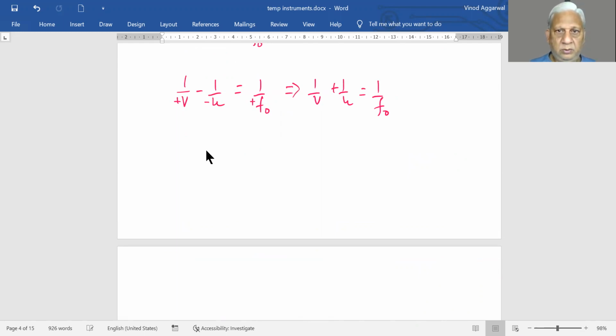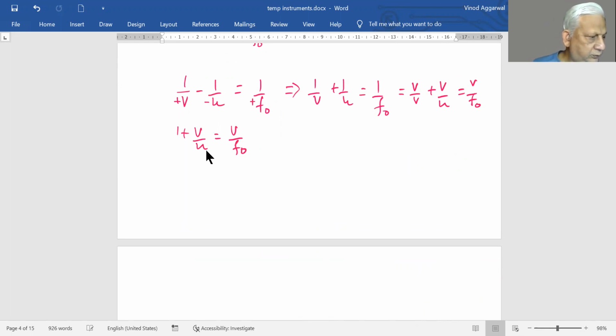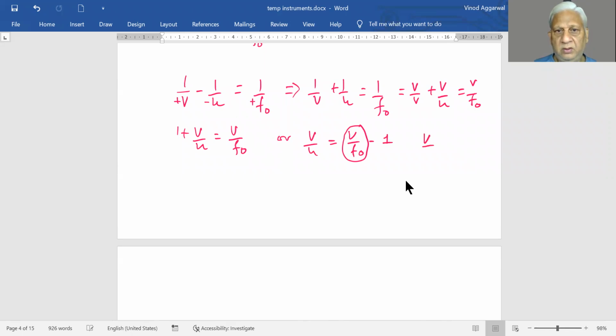Now if we multiply both sides by V, what we get is, and now the value of V by FO is far greater than 1, so we ignore this one.